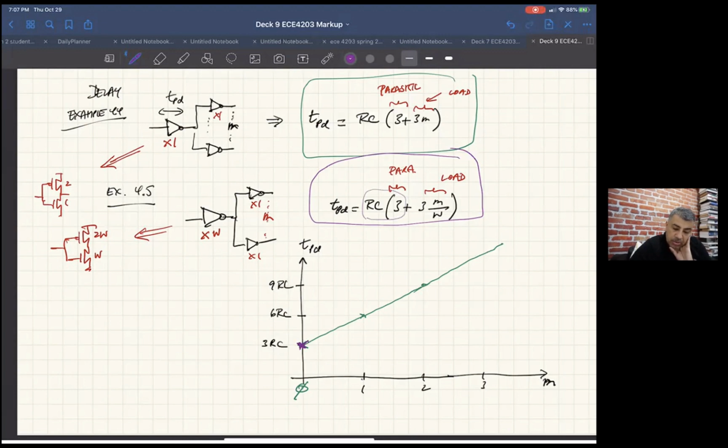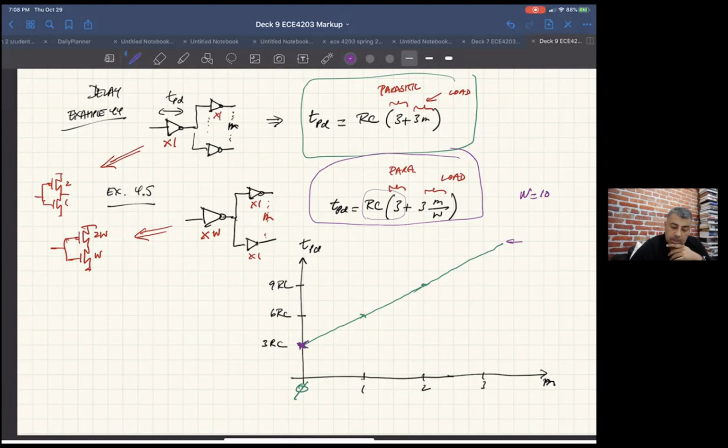At M equal to 1, it depends on W. Let's say W is equal to 10, so it's 10 times bigger than this guy.